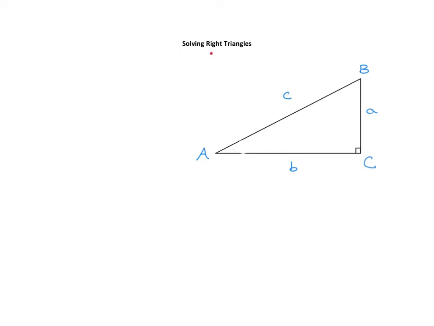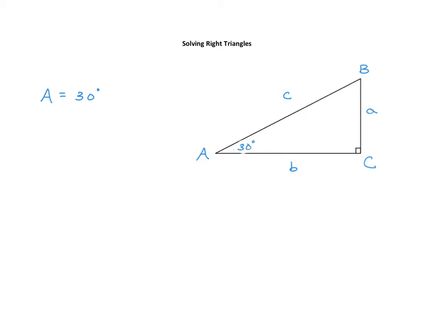The idea of solving a right triangle is, if you're given some information about this triangle, like maybe the size of this angle and the length of this side, can you figure out the remaining angle and the length of the remaining sides? So just to have something to look at, maybe angle A is 30 degrees. So that's the size of this angle here.